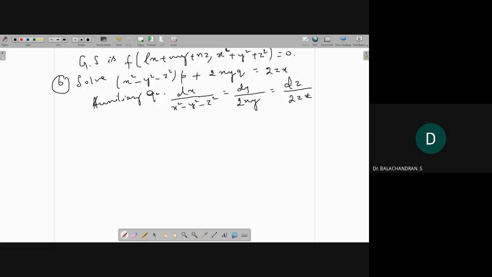So I think here the method of grouping is possible if you choose the second and the third ratio. So by method of grouping, now consider the second and third ratio.